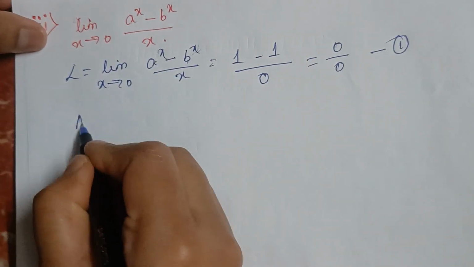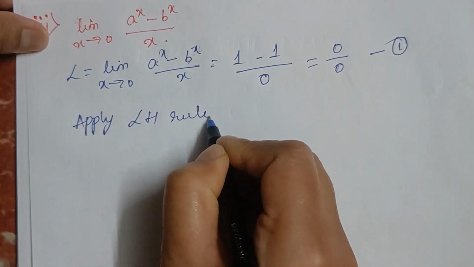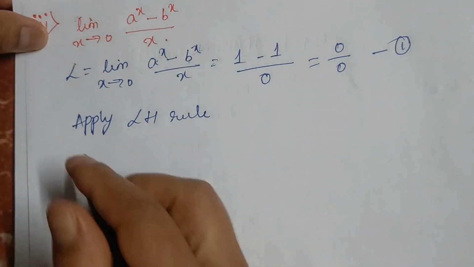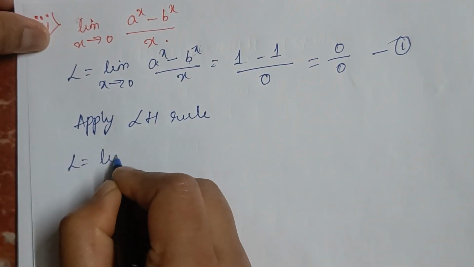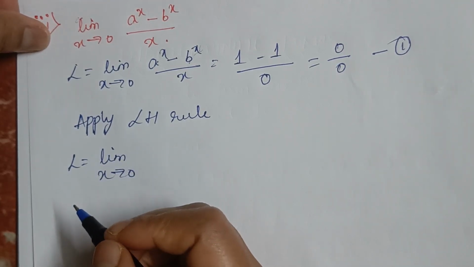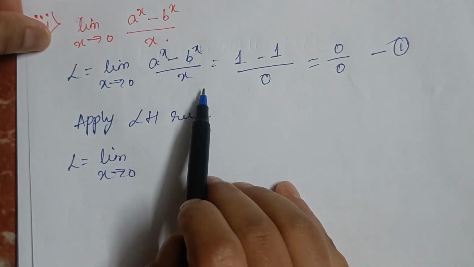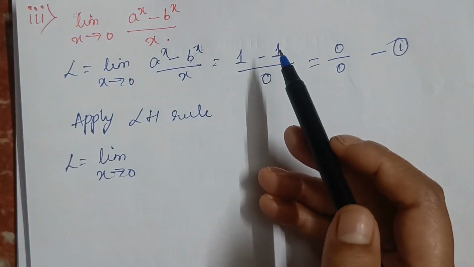Now I'm applying L'Hospital rule. After applying L'Hospital rule, it will become limit x tends to 0. What am I supposed to do? Differentiate this separately and this separately with respect to x.